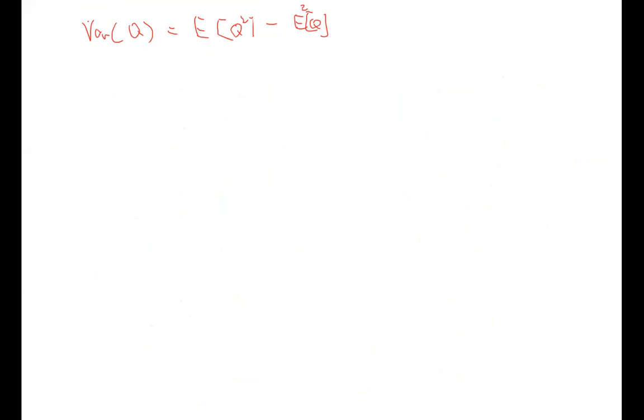We showed that in the first class or something like that, I forgot. Then you know E[Q squared] from earlier. This will be equal to ab over (a plus b) squared times (a plus b plus 1). Of course, you can find that on Wikipedia.